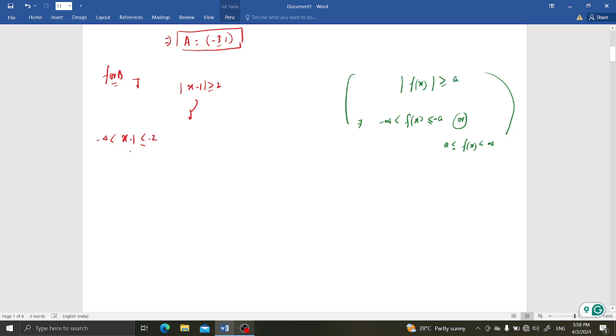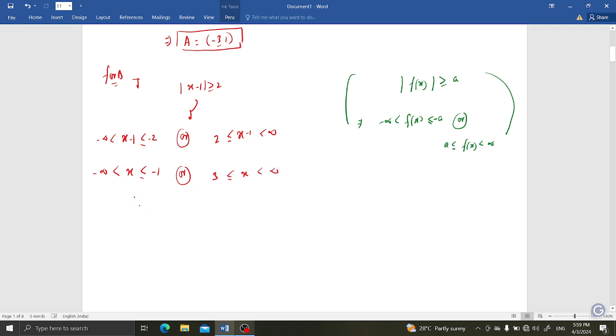So x is minus infinity to minus 1, or, adding 1, 3 to infinity.